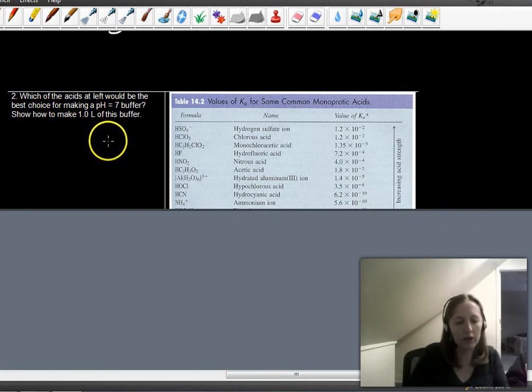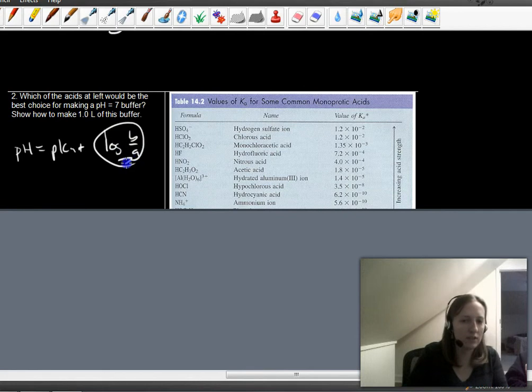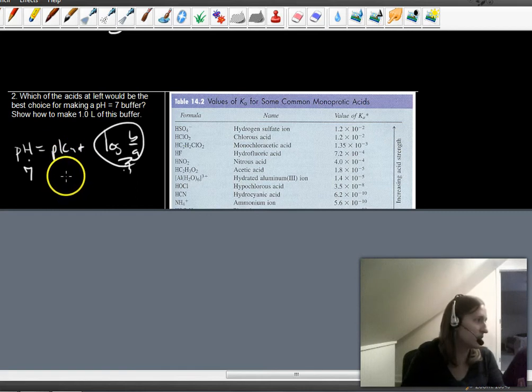A pH 7 buffer is, when you think about Henderson-Hasselbalch, you want this part to be 0. You want this part to be 0 for it to be good. So in general, you want your pH to equal your pKa, which means that since this wants to be 7, you want your Ka to have the exponent near negative 7.